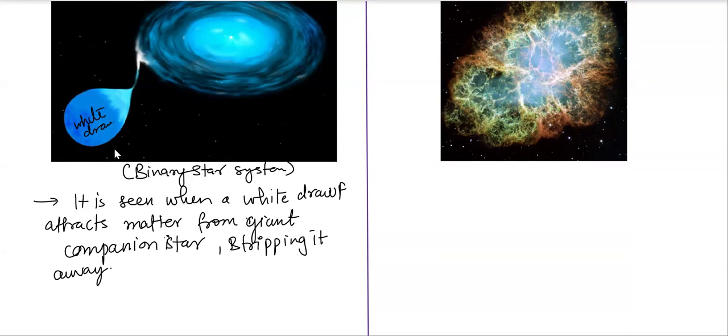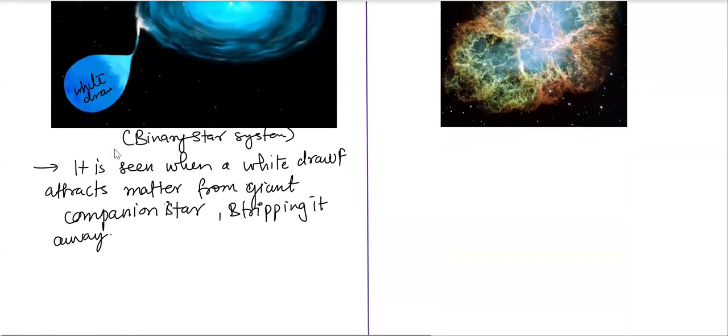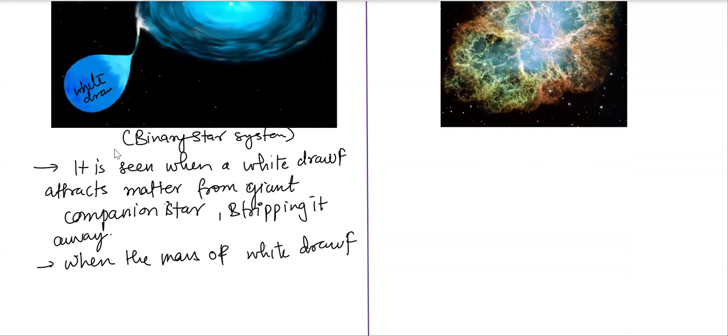Okay, so this is now when the mass of the white dwarf exceeds the Chandrasekhar limit. That is roughly around 2 to 3 solar masses for the core.